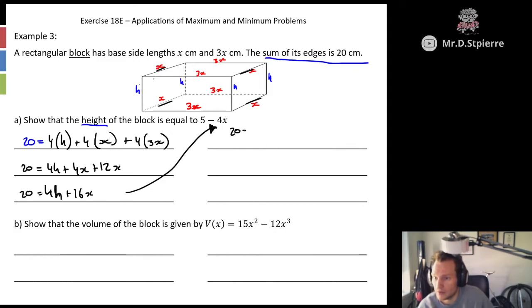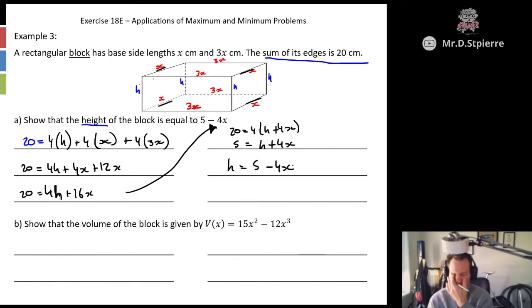So we get 20 is equal to 4h plus 4x. So we get 5 is equal to h plus 4x. So we get h is equal to 5 minus 4x. Done.